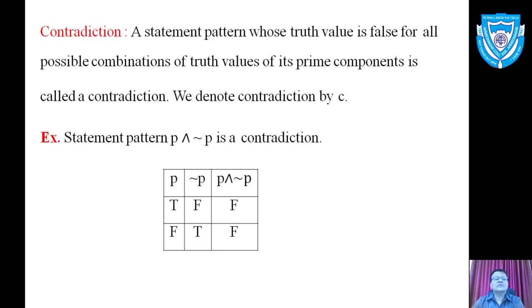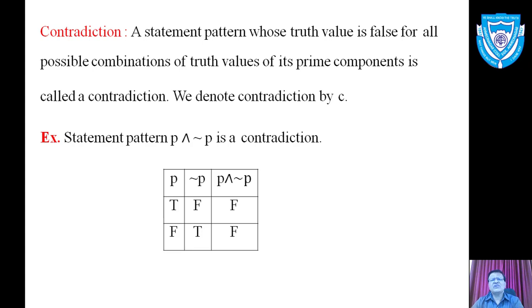Now another concept is contradiction. Contradiction is the opposite of tautology. Let me read the definition first. A statement pattern whose truth value is false for all possible combinations of truth values of its prime components is called a contradiction. We denote contradiction by small c.